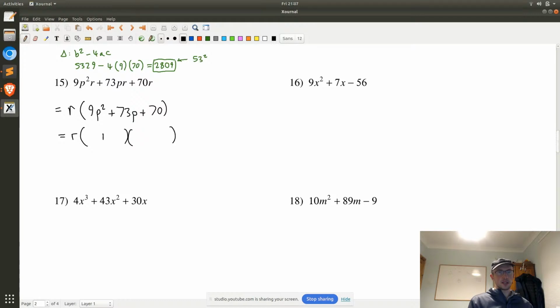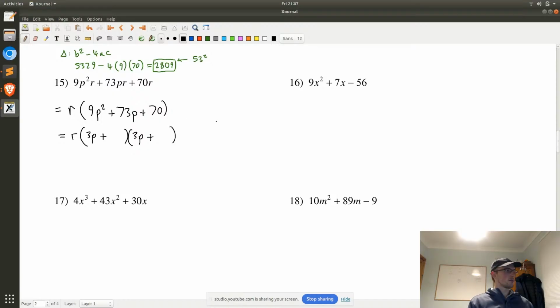So there's going to be 2 plus signs here and here, because we've got a positive coefficient there and there. And we need to make 73. So we could try 3 first of all.